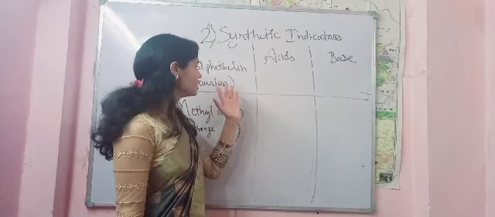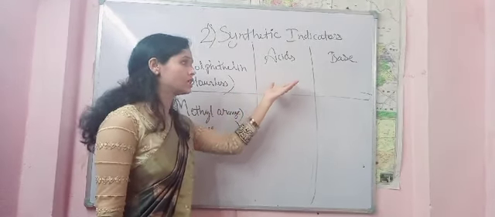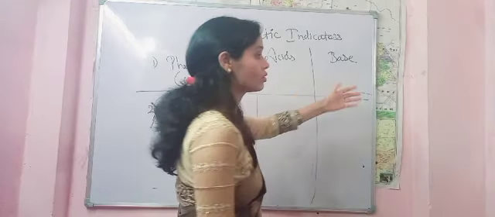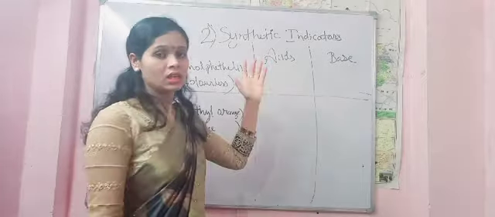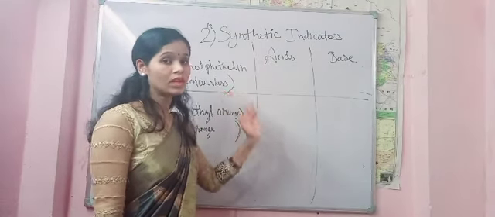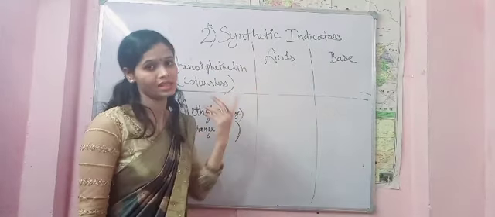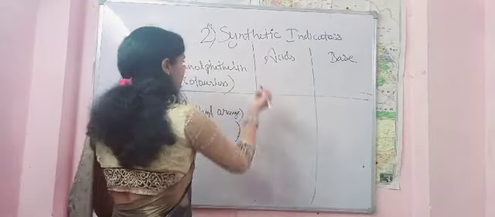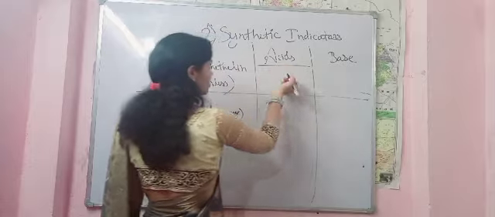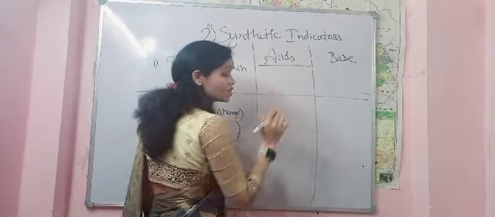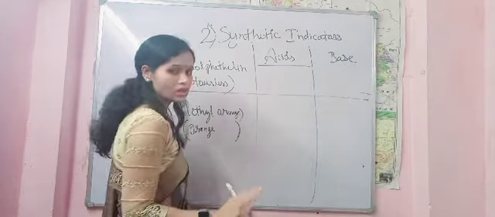When phenolphthalein solution comes in contact with an acidic solution, and when it comes in contact with a basic solution, the color of phenolphthalein changes only when the substance is basic; otherwise it remains the same. When the solution is acidic, phenolphthalein will not change its color.